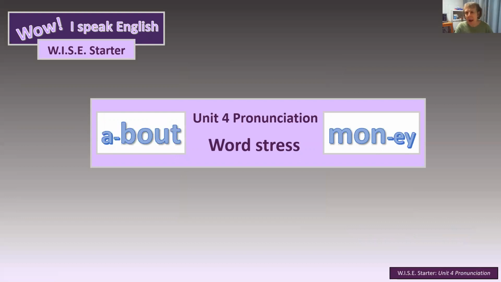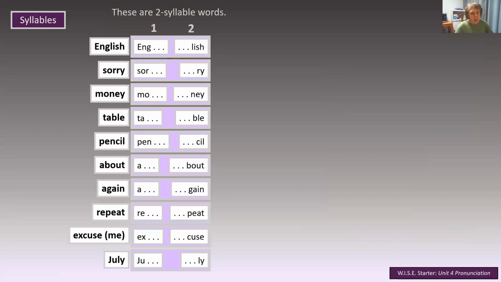Now we're going to look at word stress. You can see all these words here have two syllables: English, sorry, money, table, pencil, about, again, repeat, excuse, July.